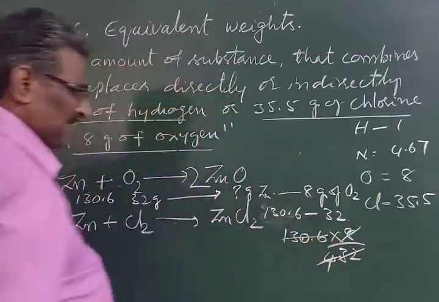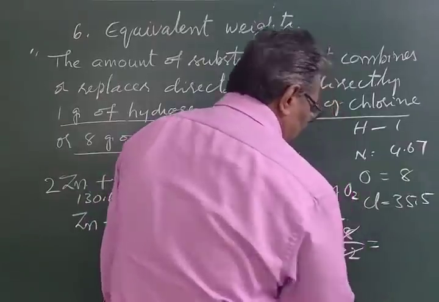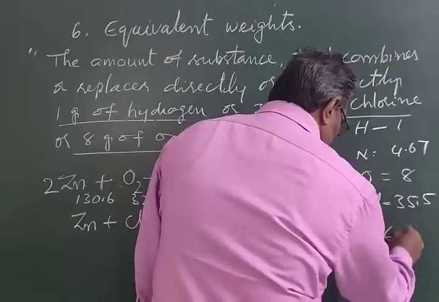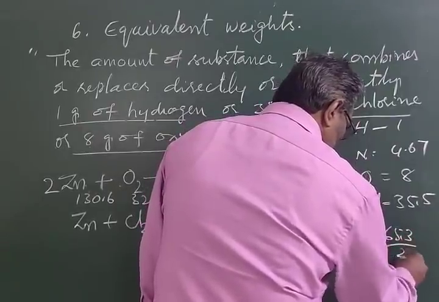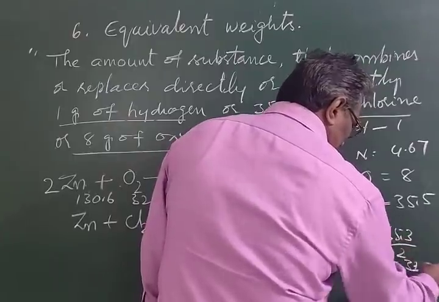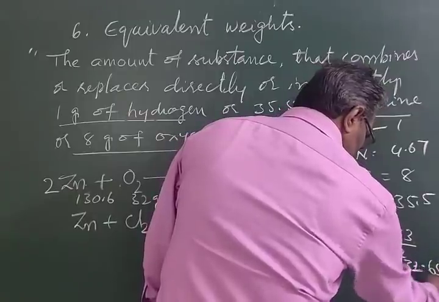This is 130.6 by 4, that will be 65.3 by 2, that is equal to 32.65.